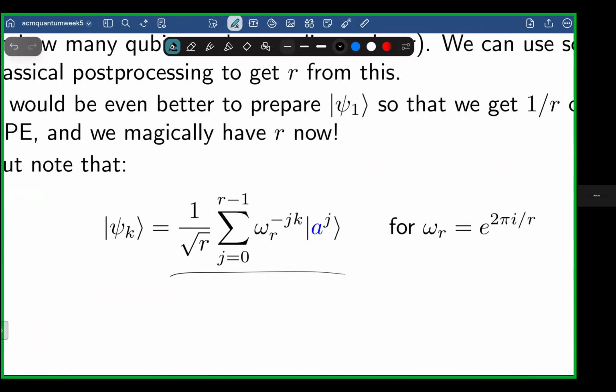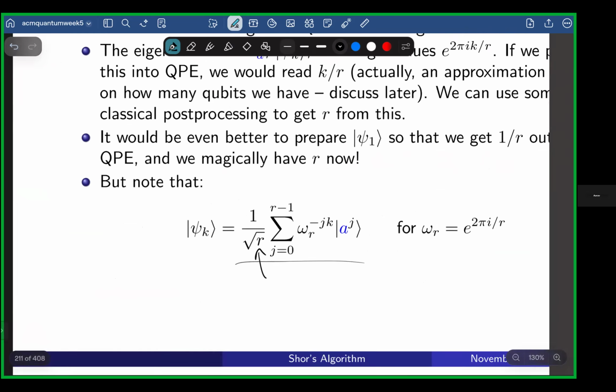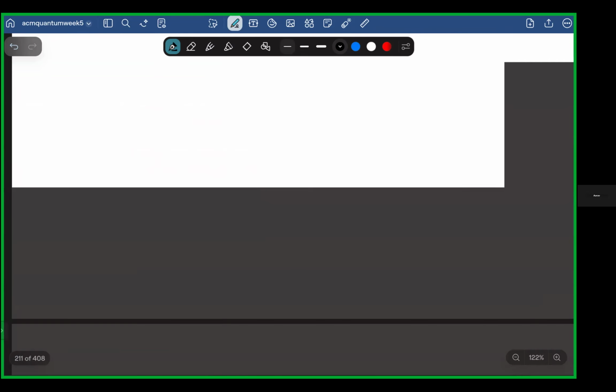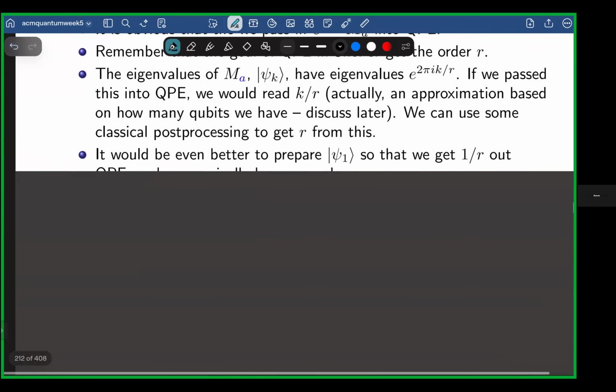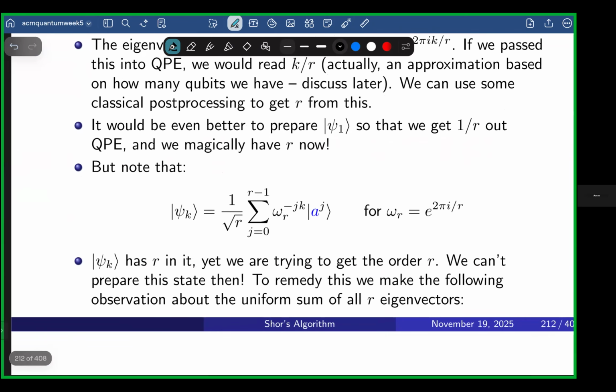We showed that, but there's something lingering there, and it's actually the order r. We're trying to find the order r, but if we wanted to pass psi 1, we would need to know the order r in order to prepare that state. So we can't do that, right? Psi k has r in it, yet we're trying to get the order r. So we can't just prepare the state and pass it into phase estimation.